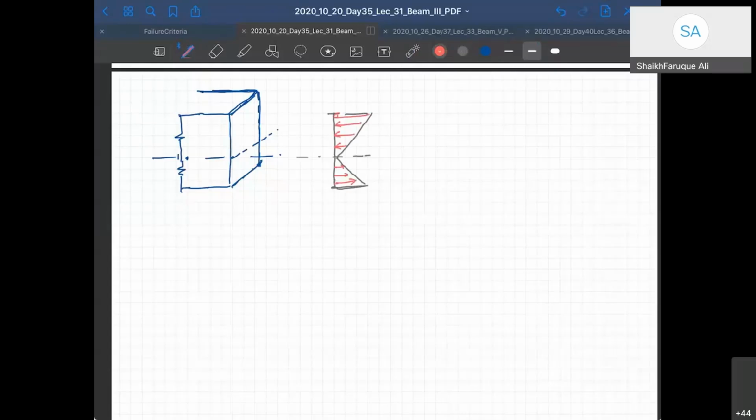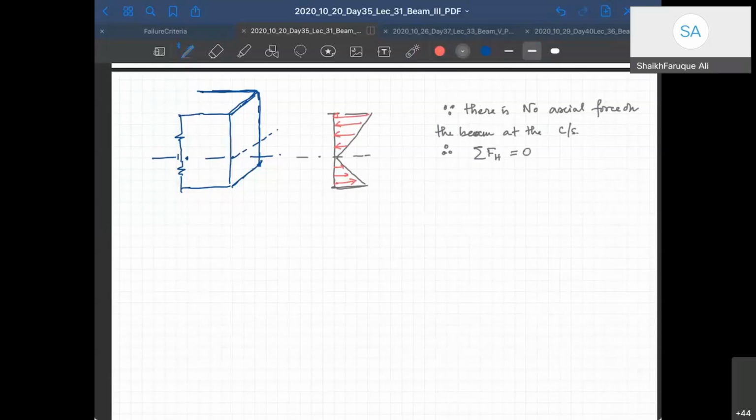But since there is no axial force on the beam at that cross section, FH should be equal to 0.